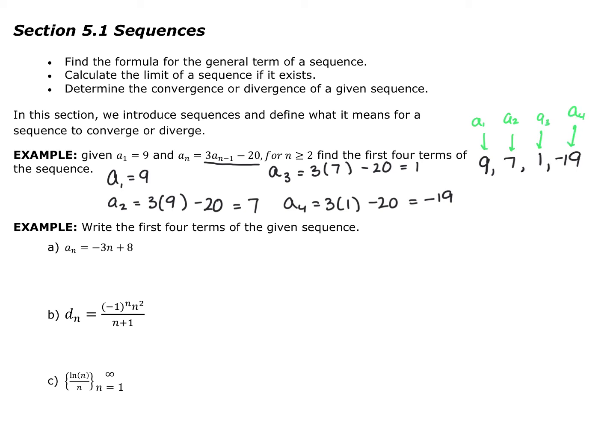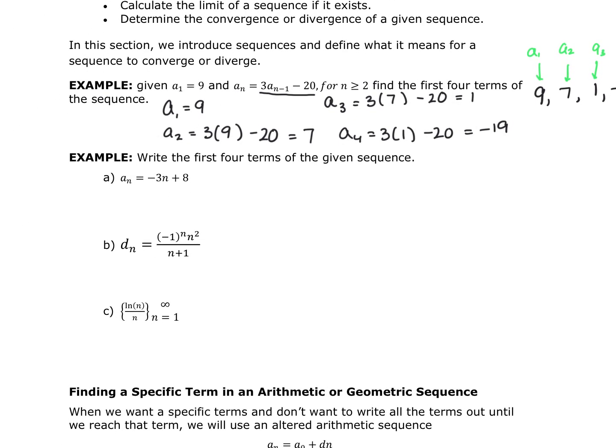That's a recursive sequence because it is required to know the previous number before I can get to the next number in the sequence. On this one, they're asking me to, again, find the first four numbers of the given sequence. And this one does not require the previous term. So I could jump to the 10th term if I want to. But they're only asking for the first four numbers of the sequence.